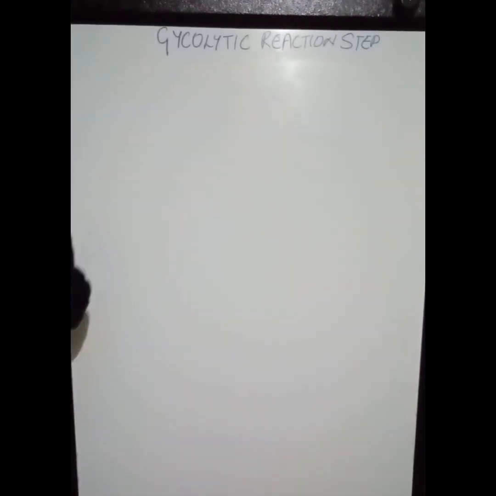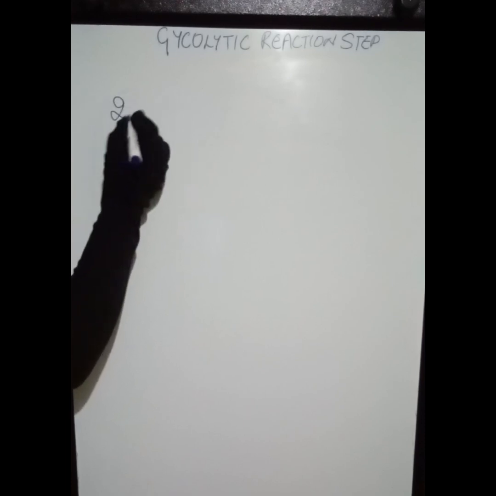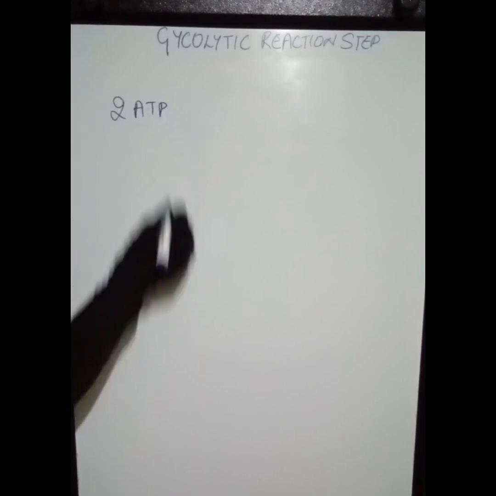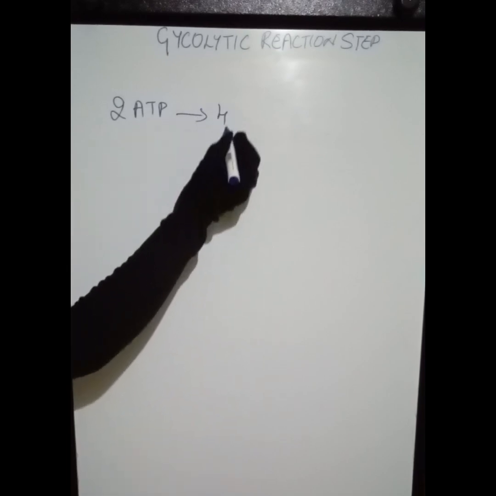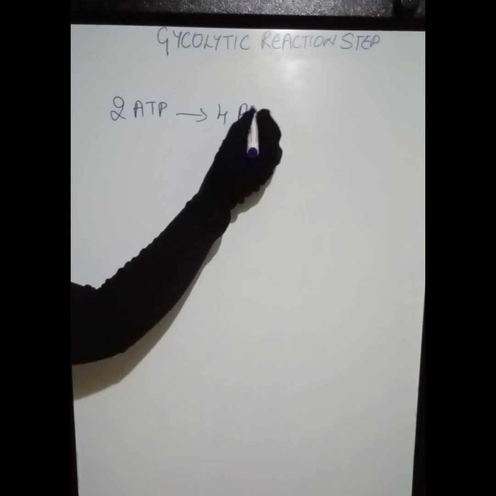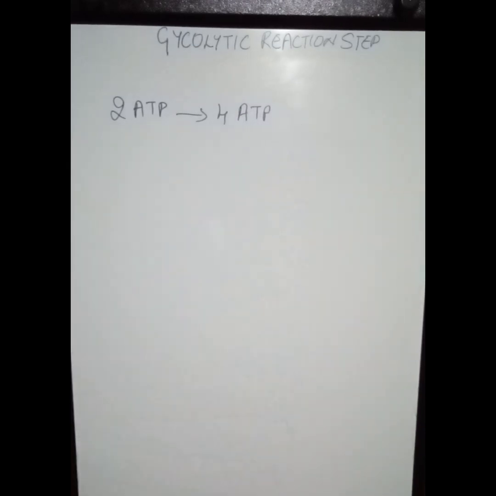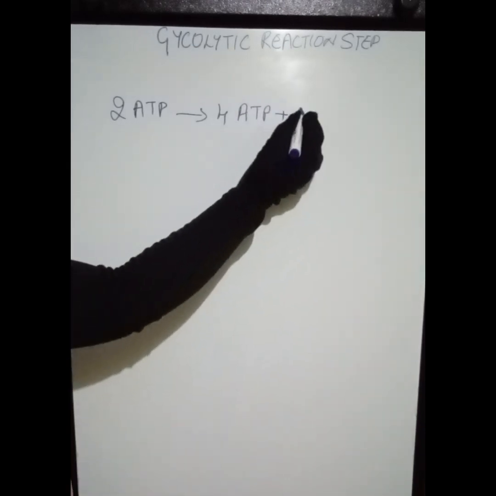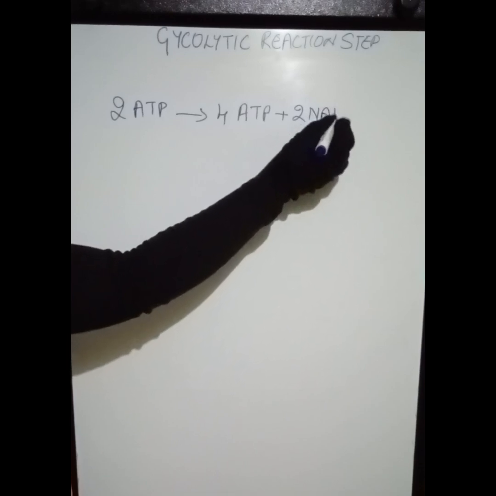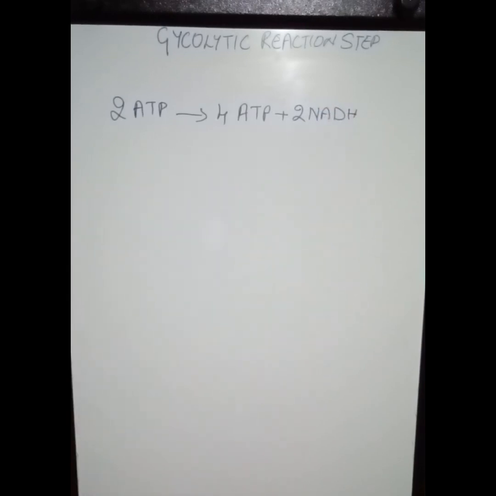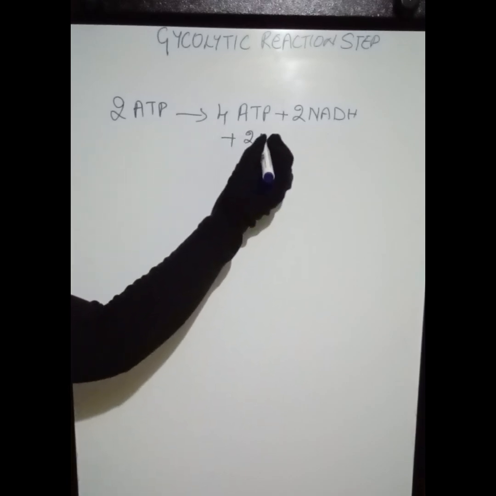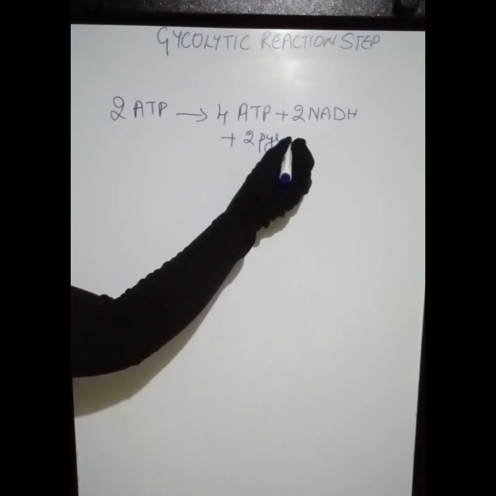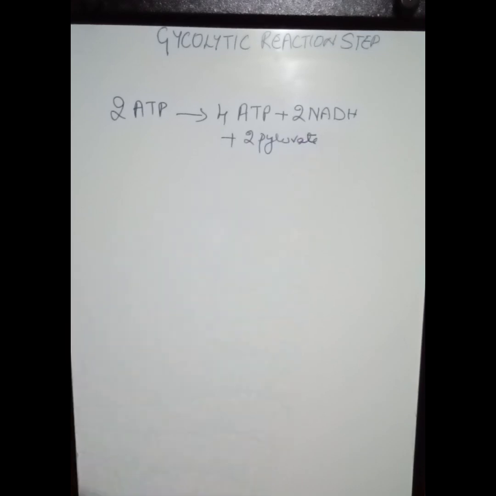So the complete glycolytic reaction step consumes 2 ATP to produce 4 ATP molecules, plus 2 NADH plus your 2 pyruvate molecules.